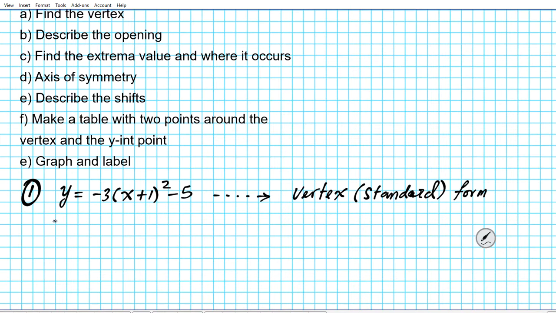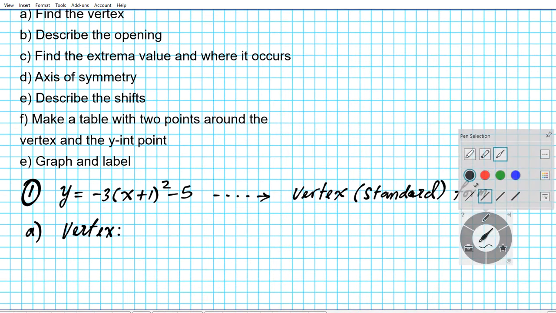Now, first part we have to find the vertex. To find the vertex, we're going to need to make use of the values of h and k. That's the vertex. So let's write down the formula that will enable us to determine what h and k are.